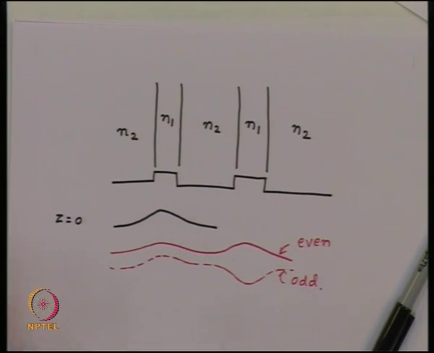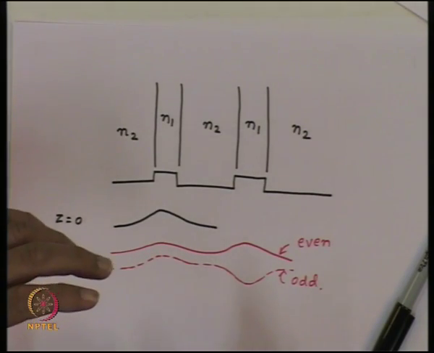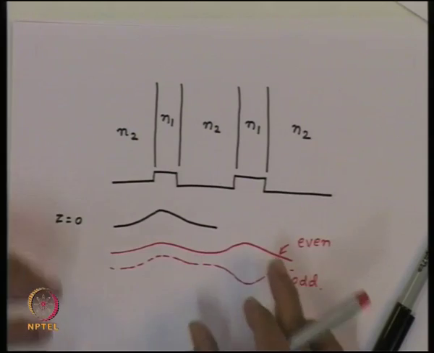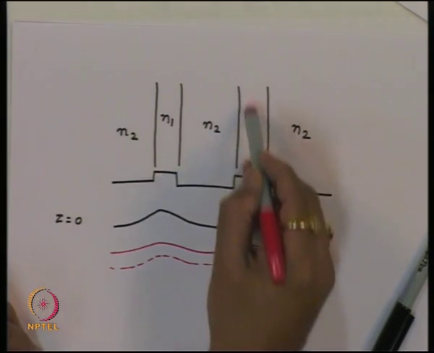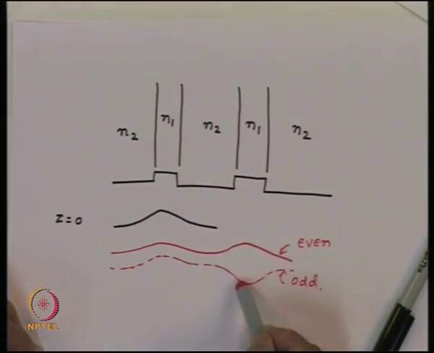So, at z equal to 0, this field distribution can be thought of as superposition of two field distributions, one is even, one is odd. Now, these two field distributions, since they have relative variation of the intensity in different refractive index medium, these two will have different phase velocities. If they have different phase velocities, as they start propagating, the phase difference between them changes.